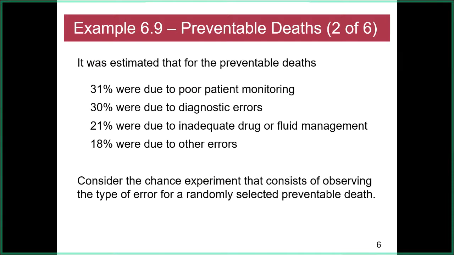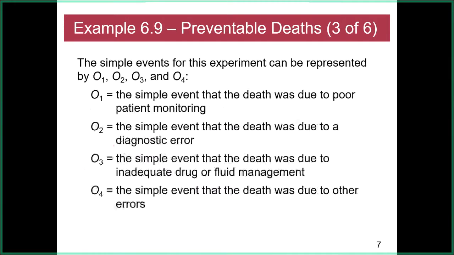Now, if you add those all up, you will see that they do add up to 100%. That makes up the whole sample space. That other category usually is what's used to make up that difference to make sure it equals 100%. So consider the chance experiment of observing a given type of error in a preventable death.